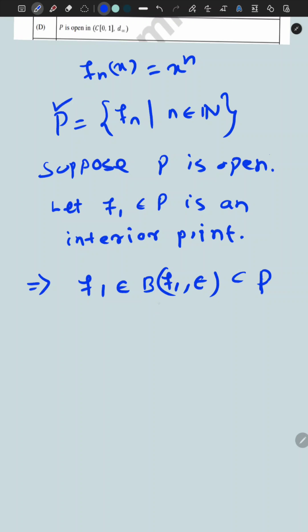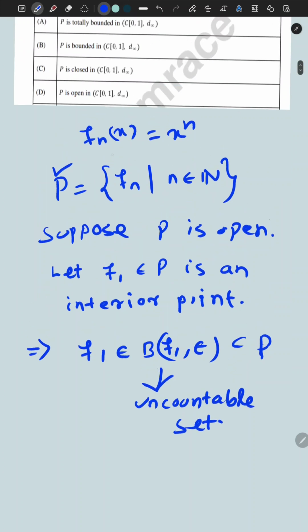But we know that any ball in the continuous function space is an uncountable set. This is a standard result. But we know that f_n, where n is a natural number, is a countable set. P is a countable set.